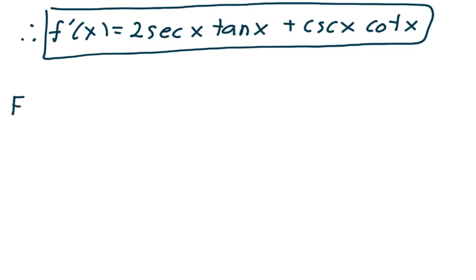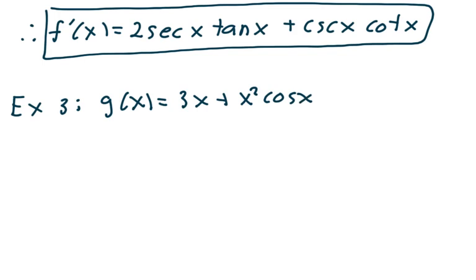So let's take a look at the third example. Suppose I had g of x is 3x plus x squared cosine x. So I want g prime of x. The derivative of x is 1, and so you're going to get 3 times 1 plus.